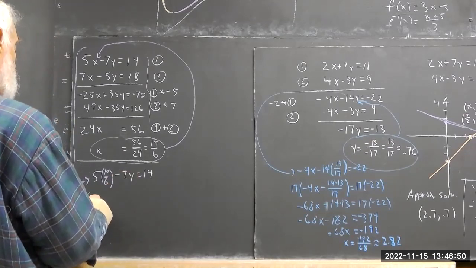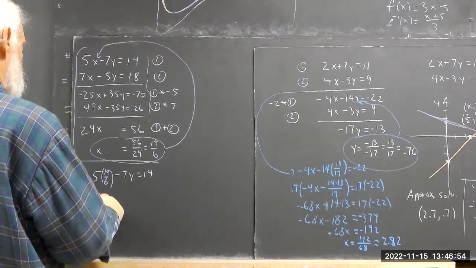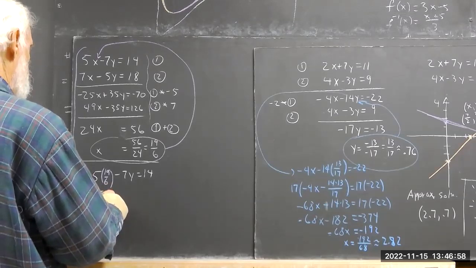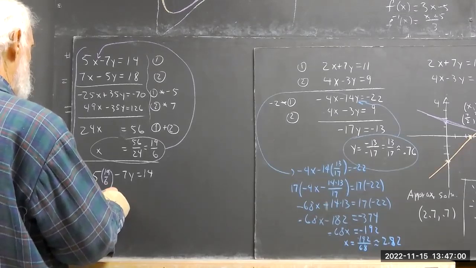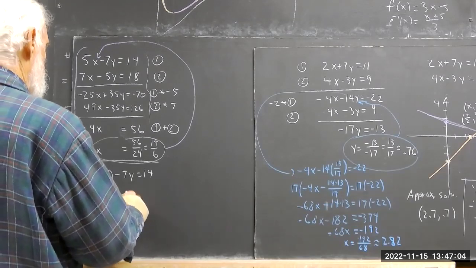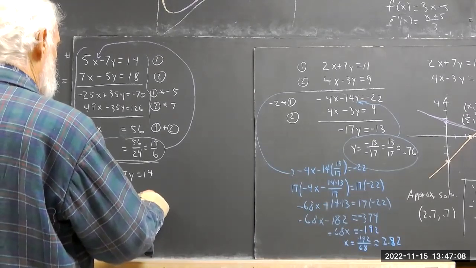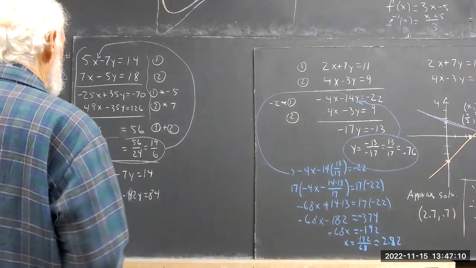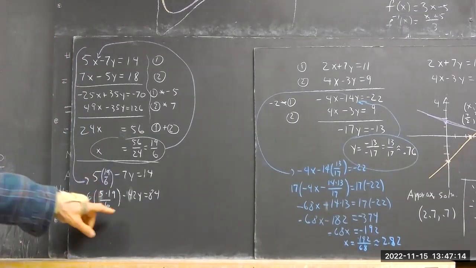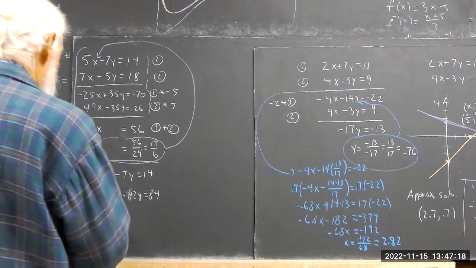First, I multiply both sides by 6. I can do 6 times this, 6 times this, 6 times this, and that clears my fraction.